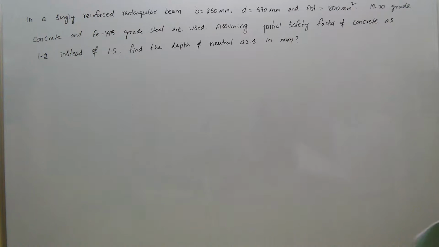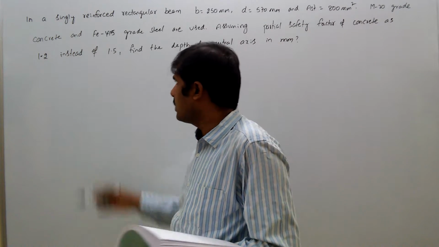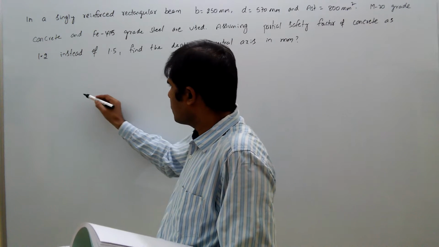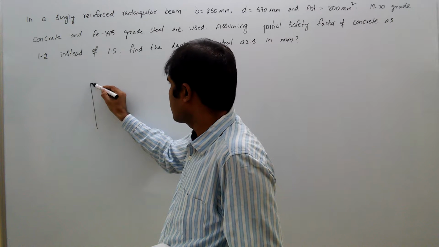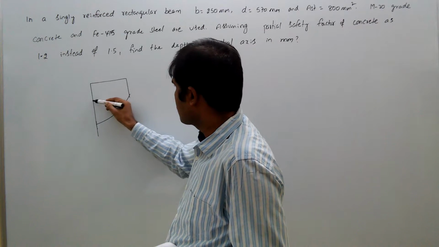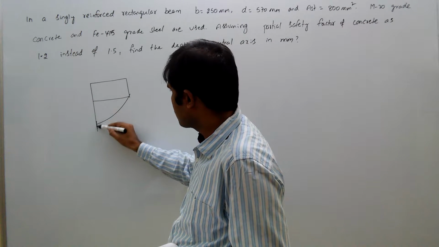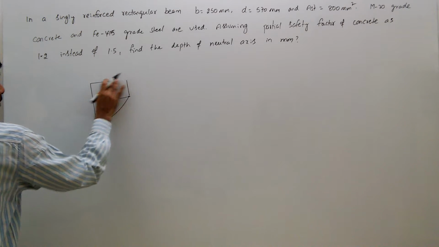See, generally, as per IS 456, partial safety factor of concrete is 1.5, but in this problem he has given take material factor of safety of concrete as 1.2 instead of 1.5. So here our stress block will be like this.